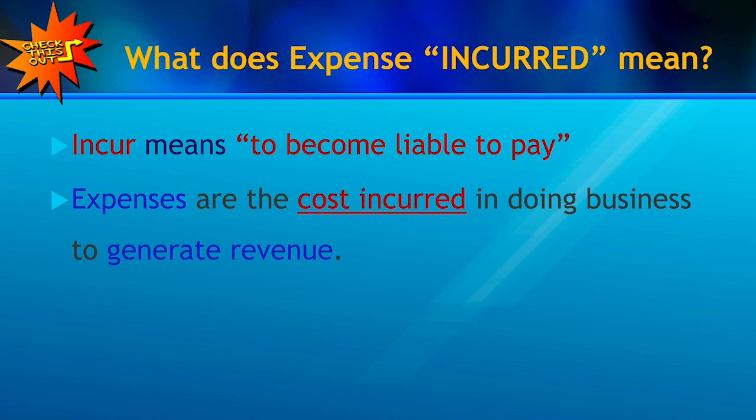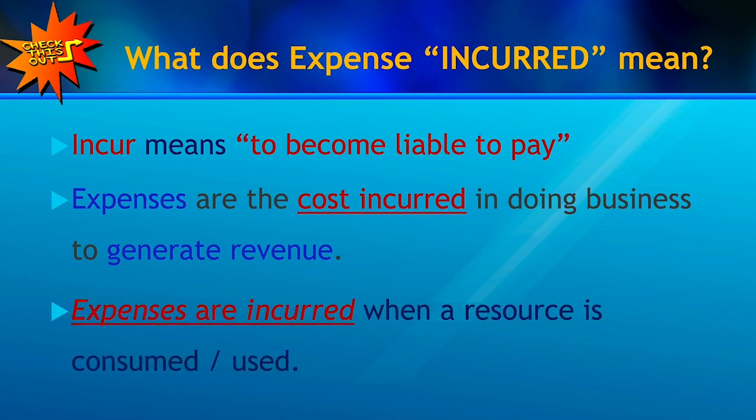So the expenses are the cost incurred in doing business to generate revenue. You must pay these expenses in order to use your assets, especially to generate your revenue. So expenses are incurred whenever a resource is used.